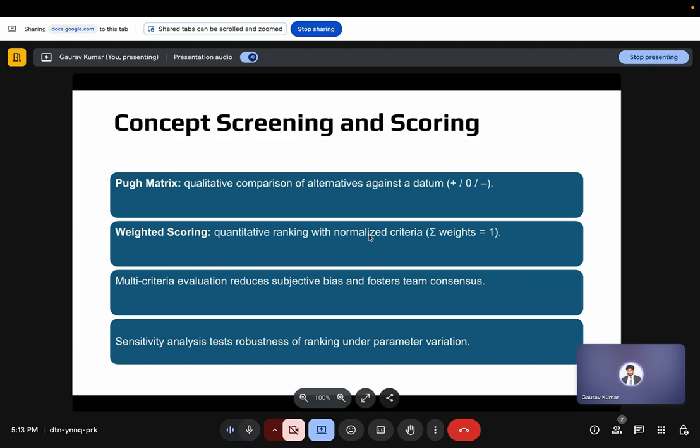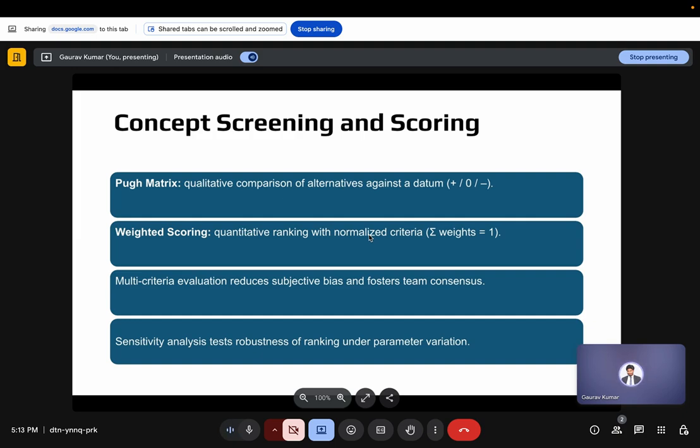The concepts are rated against these criteria and the weighted sum determines overall performance. This ensures that the final selection is objective, transparent, and defensible. Multi-criteria evaluation minimizes subjective bias and encourages team consensus, aligning interdisciplinary teams towards a shared rationale.